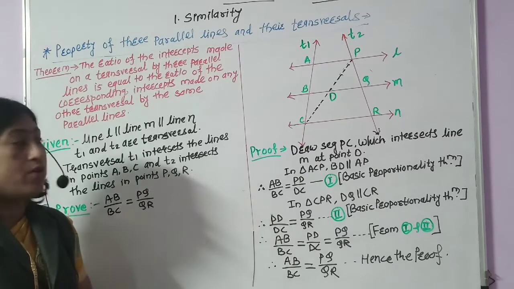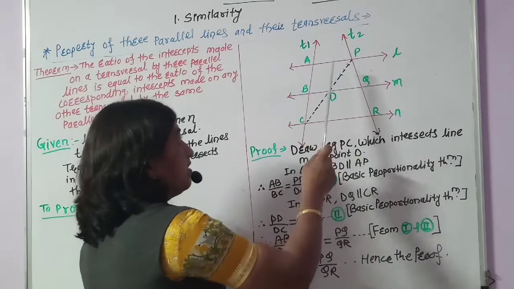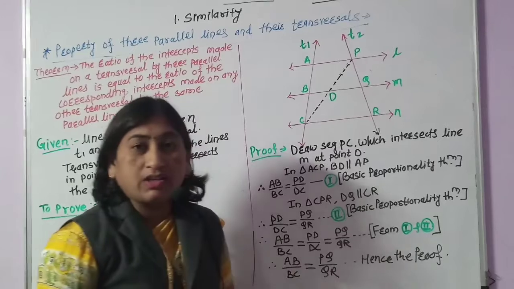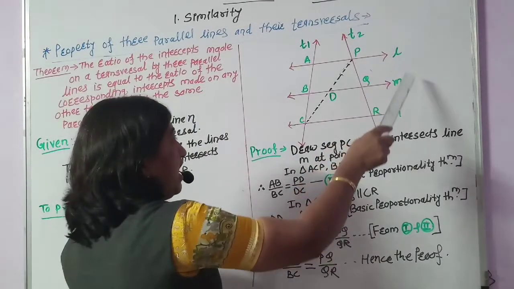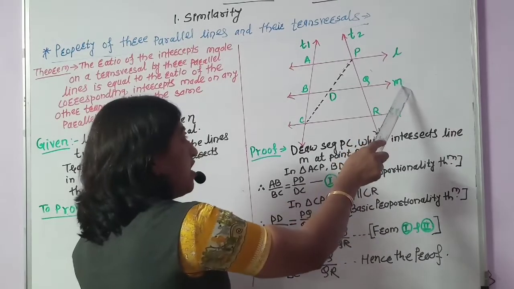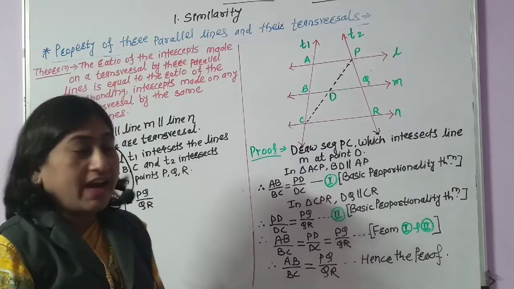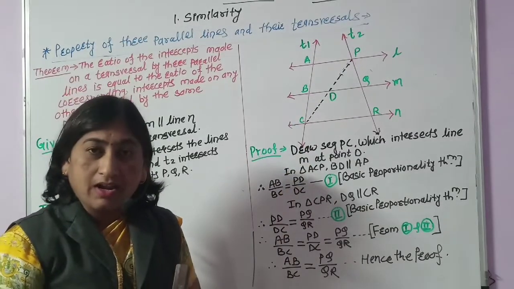For that we have to draw the diagram. See here, in this figure, T1 and T2 are the transversals of line L, line M and line N. Lines L, M and N, these three lines, are parallel to each other, and T1 and T2 are the transversals of these three parallel lines.